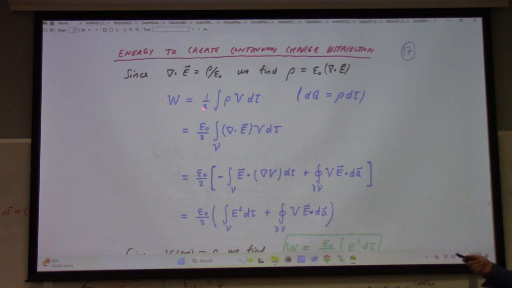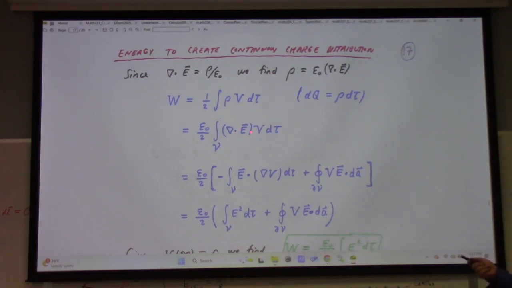So the work done to create the charge distribution rho is given by the integral over all space of 1/2 rho times the voltage d tau. But remember, if we suppose that the charge is within the volume V, then this is Gauss's law: rho is the divergence of the electric field.